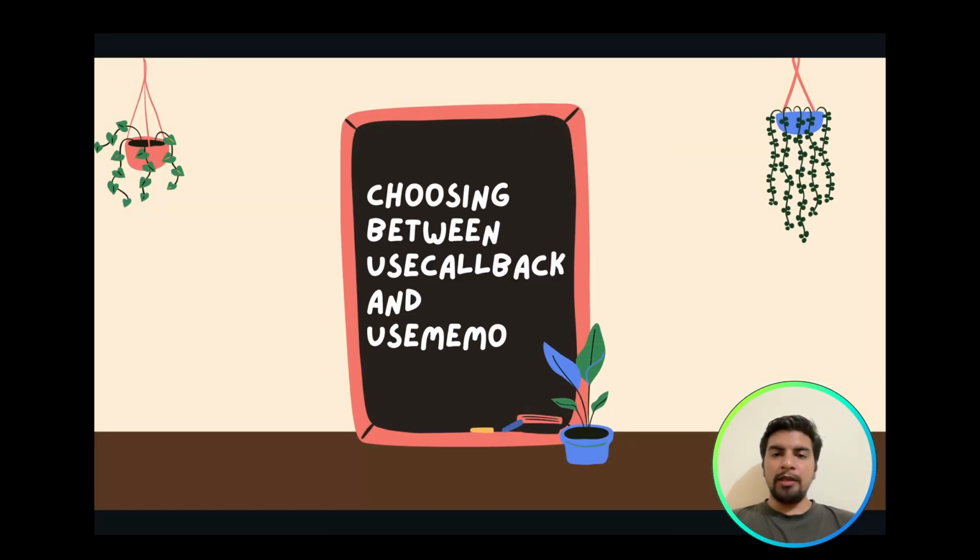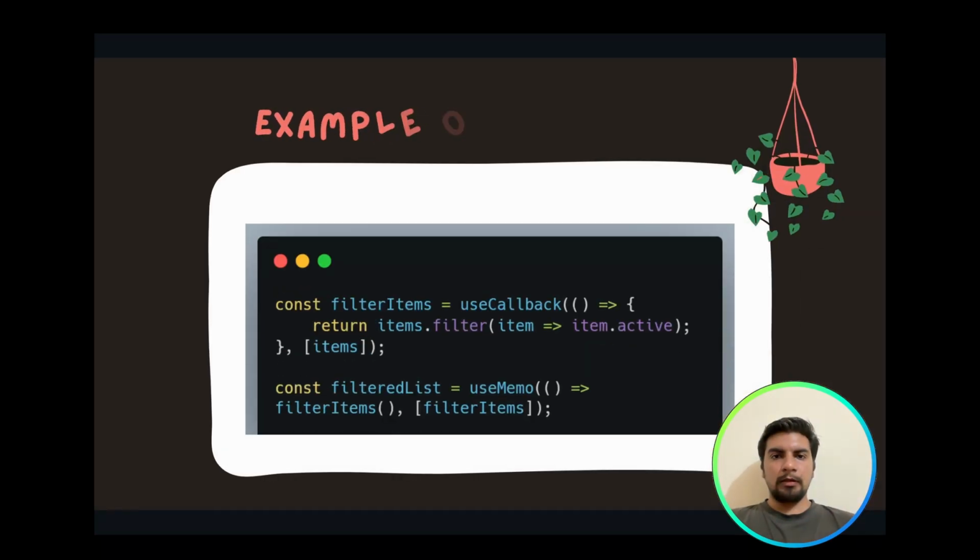Now, choosing between useCallback and useMemo. We can use useCallback when you are passing a function to a child component and you want to avoid triggering unnecessary re-renders. Use useMemo when you have expensive calculations and you want to save the result until dependencies change. Here's the catch.